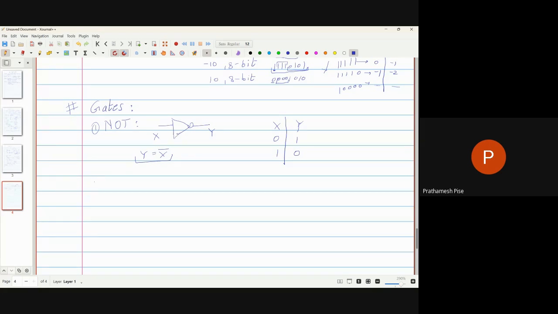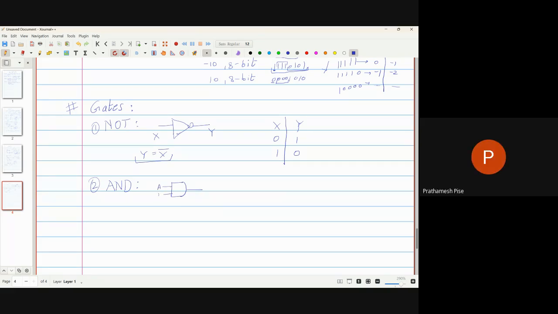So let's go to the next gate, which is the AND gate. Somebody explain what an AND gate is. If both of the inputs are one, then it returns one. Otherwise, it returns zero. Correct.